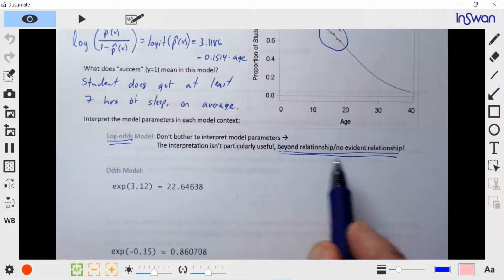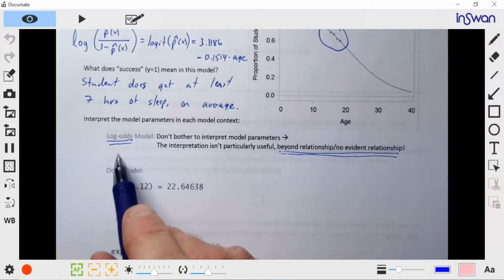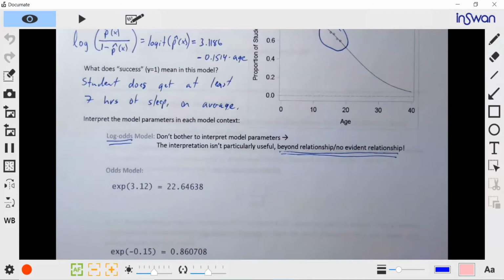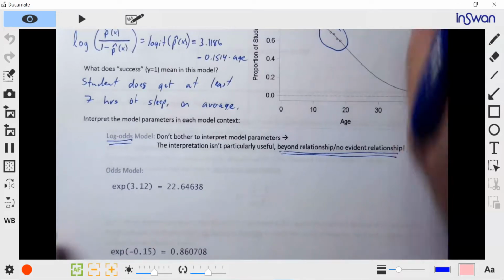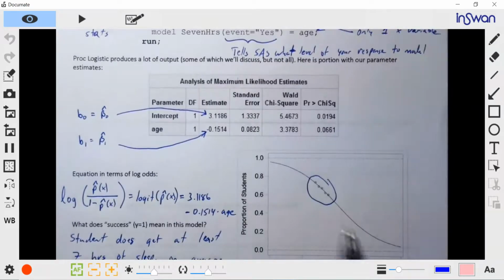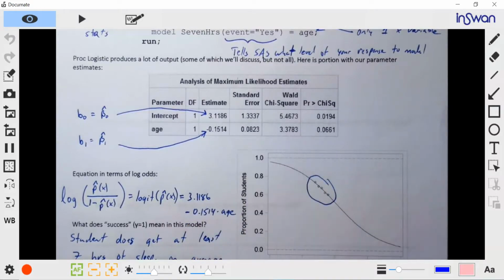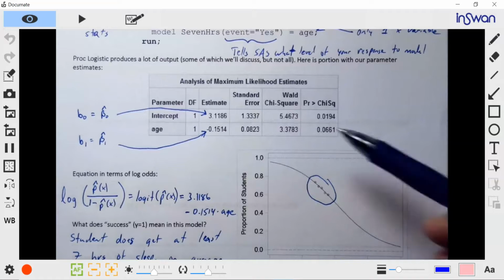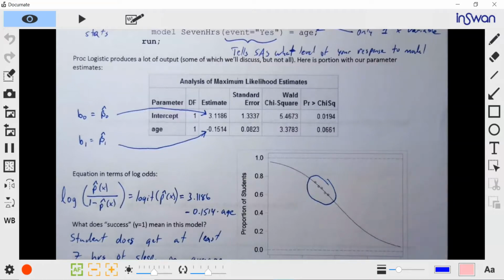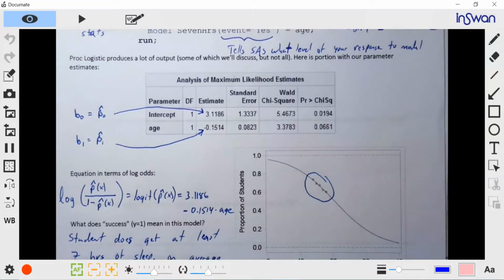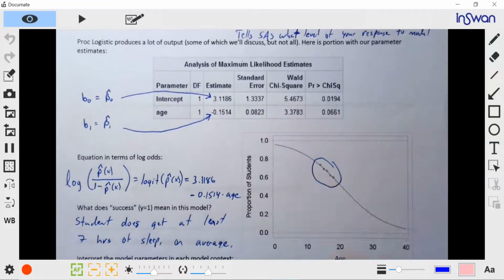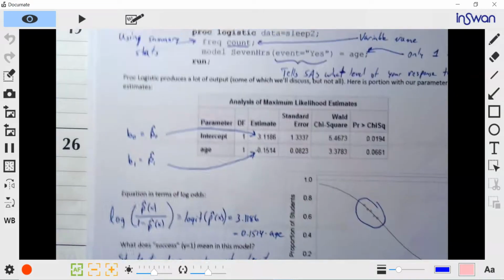Because if there's a relationship on the log odds scale, there will also be a relationship on the odds scale and on the probability scale. So, as you'll see below, we can still use this table of parameter estimates and their p-values to talk about whether there's a significant relationship or not. But beyond that, we're not going to interpret these values so much on the log odds scale.